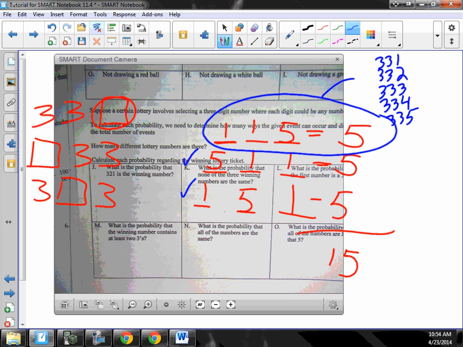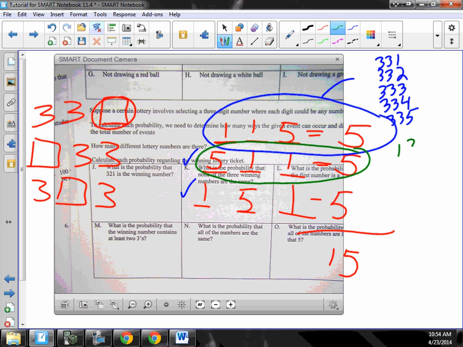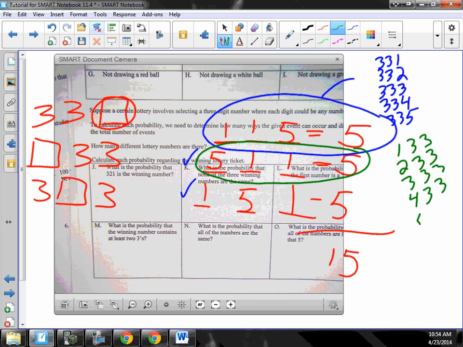We're totally correct there. But what happens when we try to make the second list? What would the second list look like? 133, 233, 333, 433, and 533. What's wrong with that?